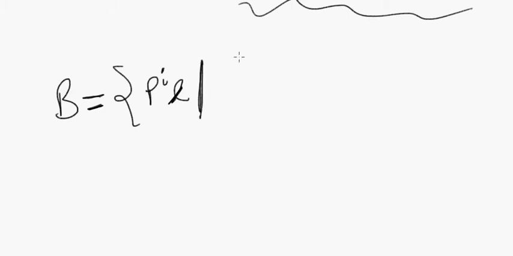The strategy we've been using is to study some set called B, and we're saying just let B be the set of all p to the i times L. Here p to the i times L is being taken to be some divisor of p to the alpha times m, such that either i is strictly less than alpha, or L is less than m.